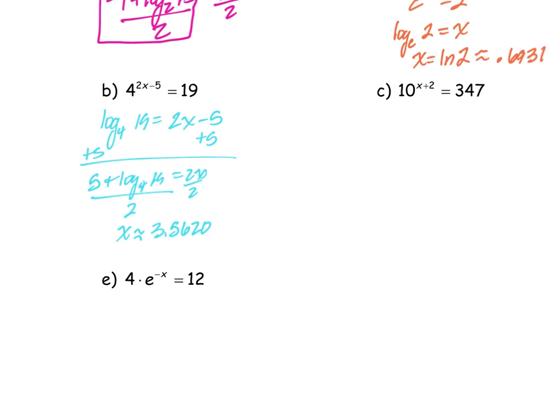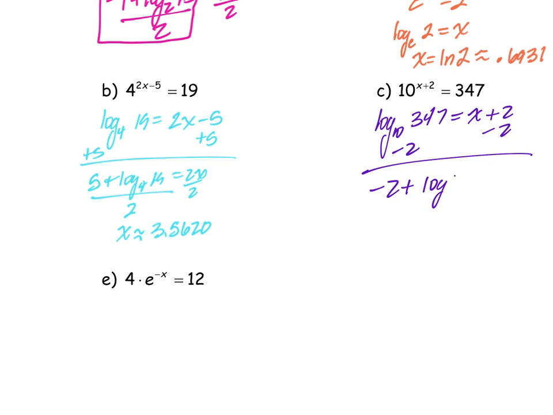And then we have C, which says log base 10 of 347 equals x plus 2. So subtract 2. So I get negative 2 plus log of 347 equals x. So x is going to be approximately equal to 0.5403.